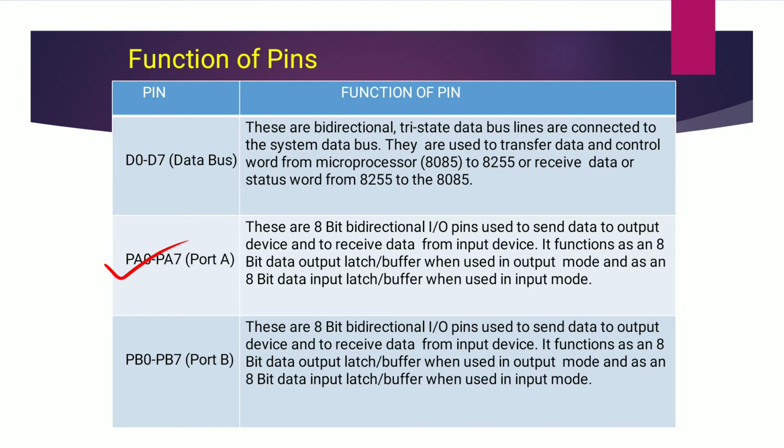PA0 to PA7, that is port A. These are the 8 pins of port A. It acts as either input or output line depending on the control word loaded in the control word register. Similarly, port B is also 8-bit pins. It acts as either input or output lines depending on the control word.